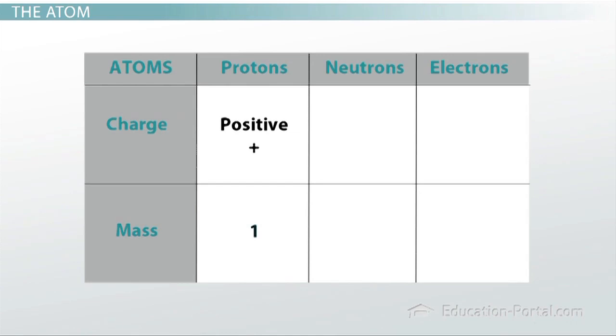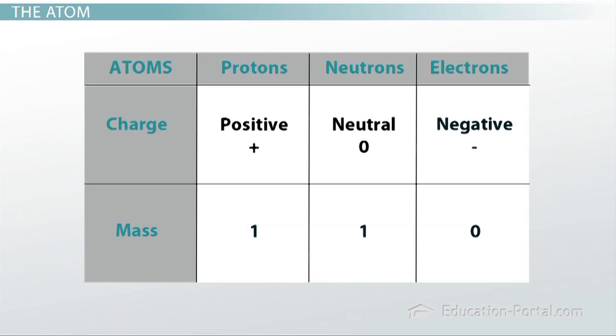Now, at the opposite end of the spectrum, you have the electron with a negative charge, and it actually has a mass of not 0, but it's close enough to 0 for our purposes that we'll consider it to have essentially negligible mass, right? And then we have the neutron, which has no charge, but it has a mass of 1.